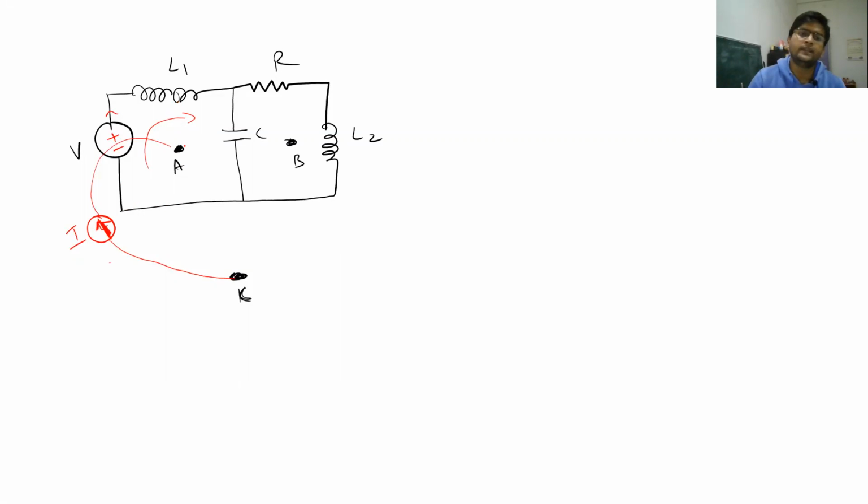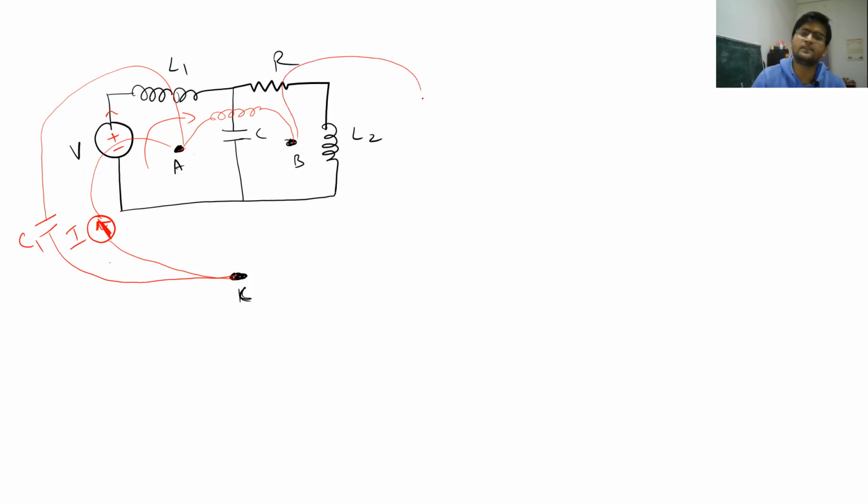And then you have L1, and you know that any inductor will be converted into capacitor. So let me call this capacitor as C1. And then between A and B node, you have this capacitor. And since this is a capacitor, its dual will be an inductor. So an inductor, you will have to connect between A and B. Now between B and C, you have two elements.